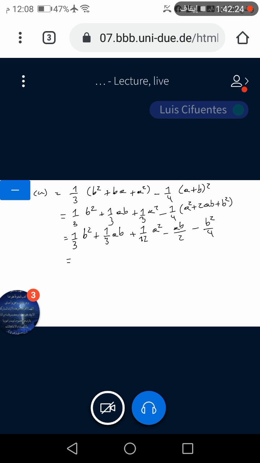Wait a second. Minus 6AB minus 4. Okay, plus 12 A squared B squared 4. And solving the B squared.